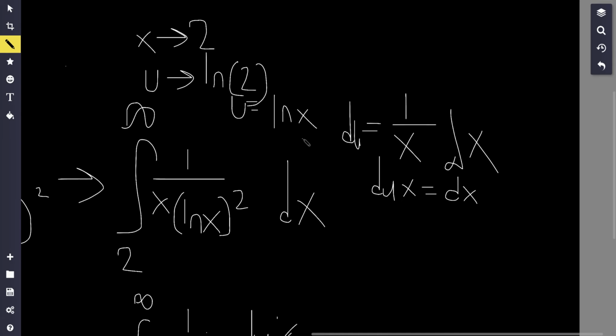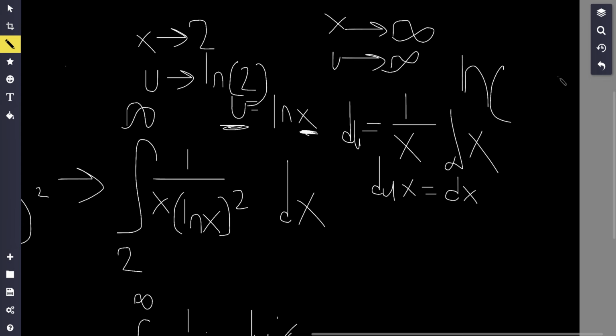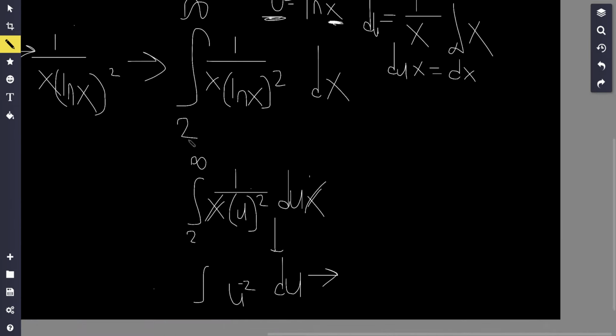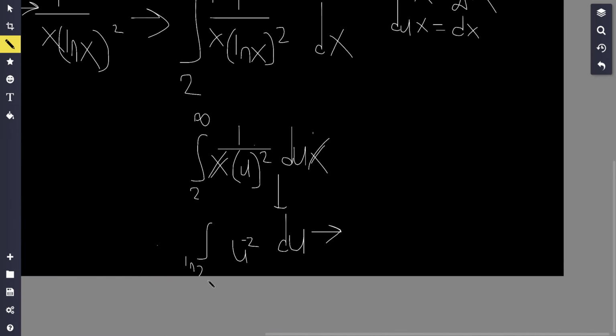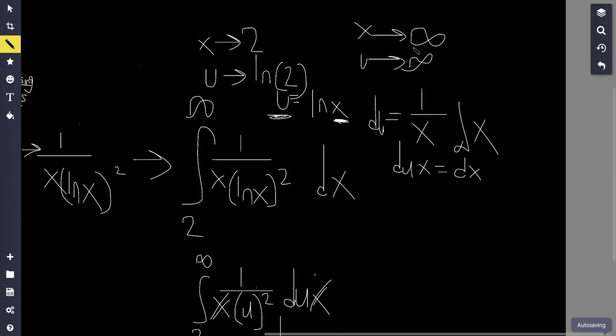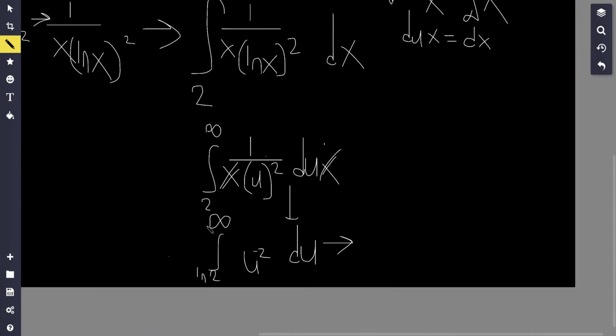And as x approaches infinity, well, u is also going to approach infinity, right? Because ln of a very, very, very big number is also just a very, very, very big number. It's just going to keep getting bigger. So instead of 2 right over here, I'm just going to put ln of 2. And for my top bound right over here, it's still going to be infinity.